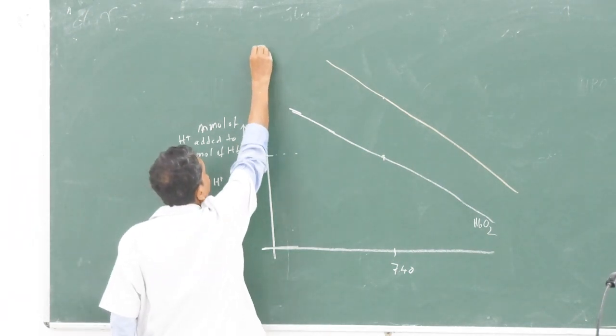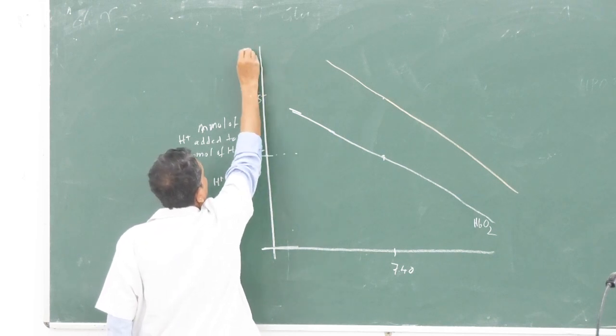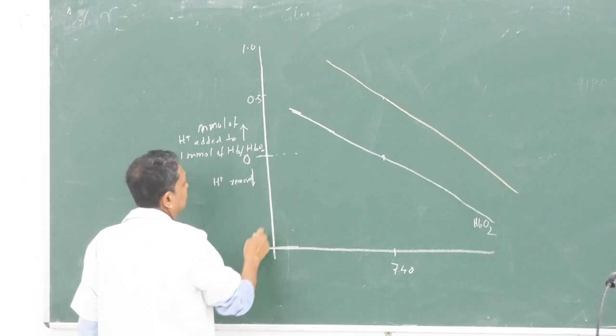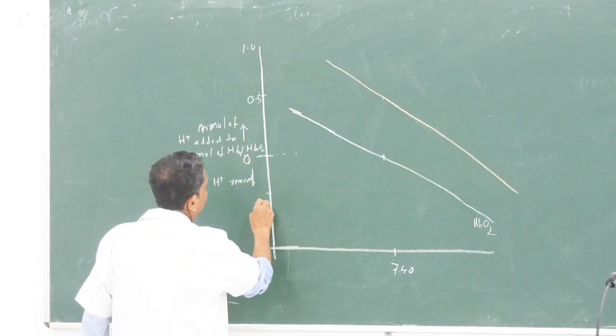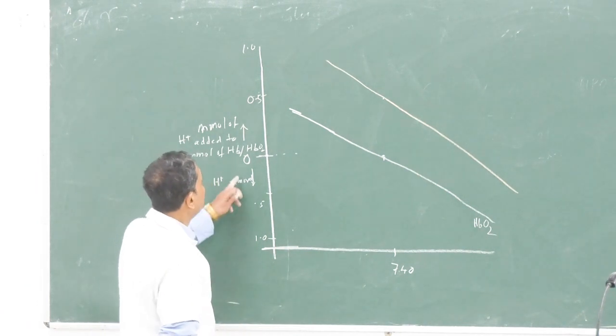Suppose in this case it is 0.5 or 1.0, whatever it may be. It is removed and it is added.